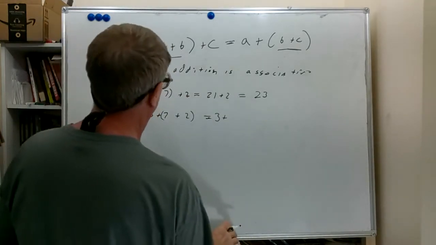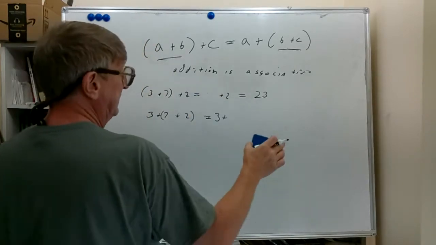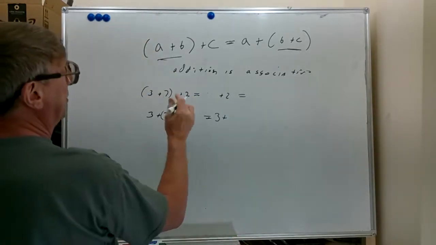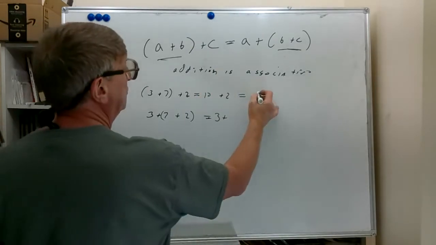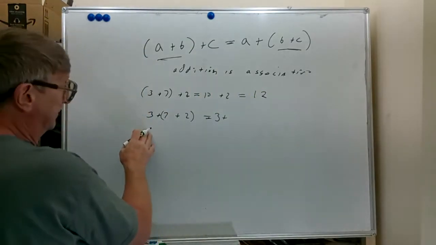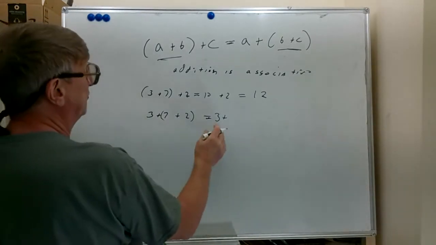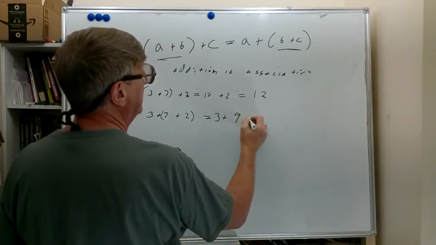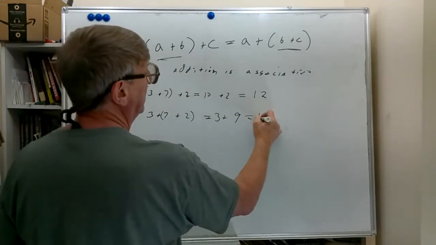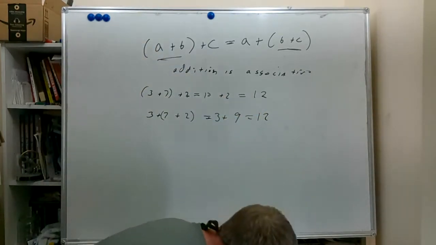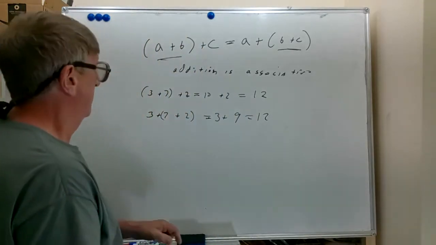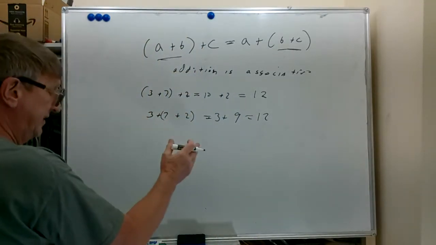Oh, I see what I did wrong. 3 plus 7, the part in parentheses, that was 10. Plus 2, that was 12. Got to learn to add correctly. 3 plus 7 plus 2. 3 we don't change. 7 plus 2 becomes 9. But again, 3 plus 9 is 12. So the way we associated the 7 did not change the result.